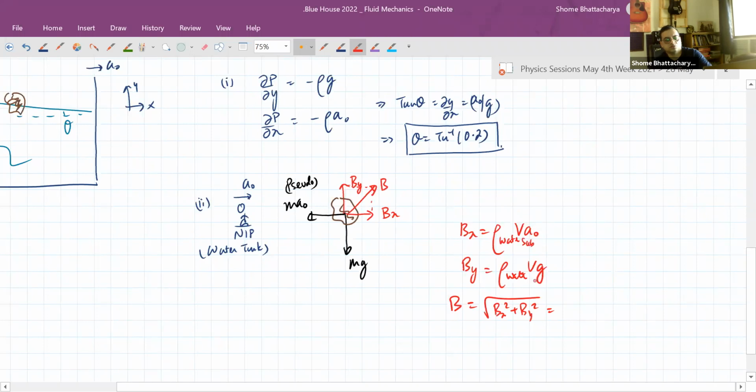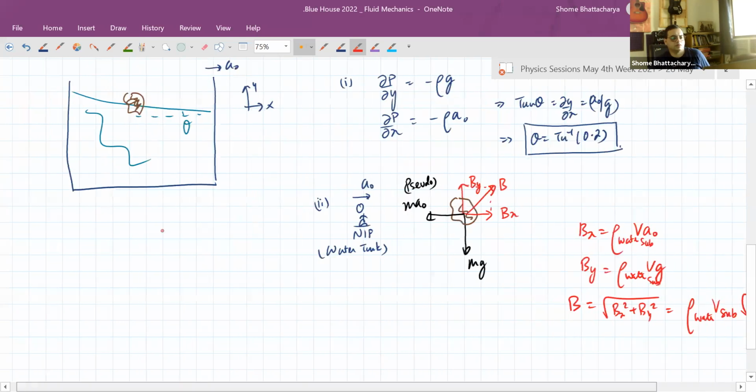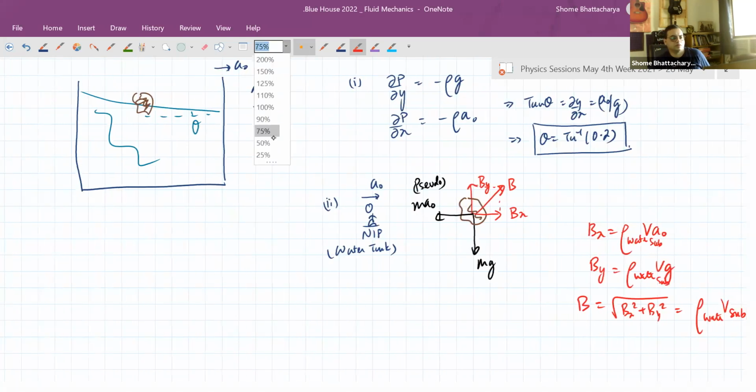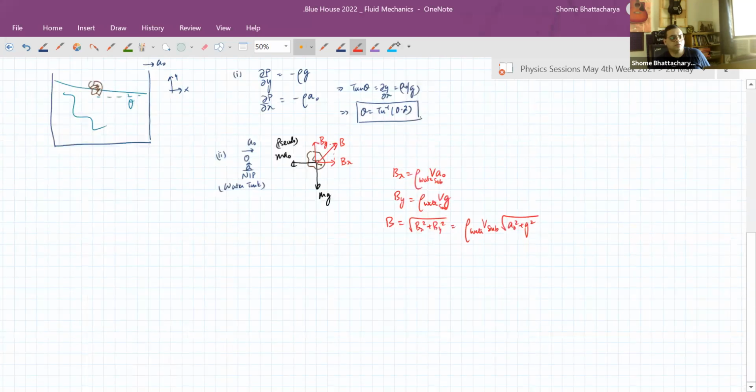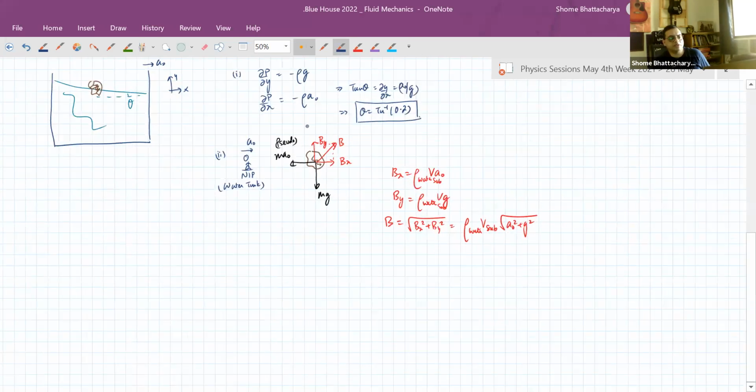The submerged volume. So density of water into submerged volume into square root of a square plus g square, like this. Now in this non-inertial frame, this block is at rest. It's in equilibrium, so forces have to balance.